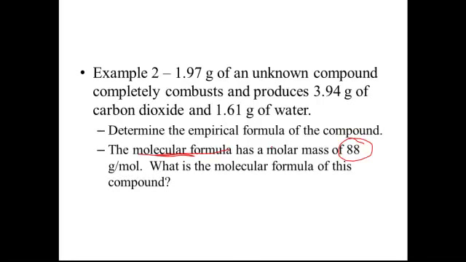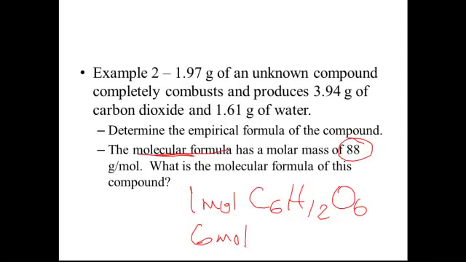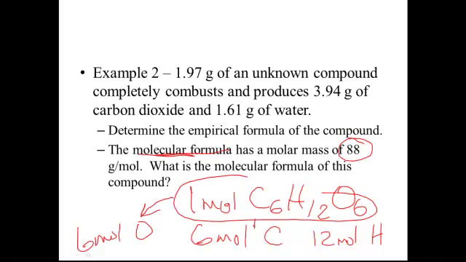For example, if you have 1 mole of C6H12O6, you could say that has 6 moles of carbon, 12 moles of hydrogen, and 6 moles of oxygen. And it's being able to make a mole ratio out of those things to convert from the whole molecule to just the individual atoms.